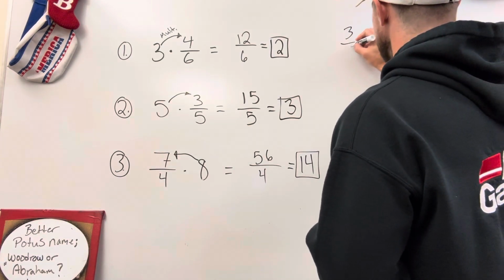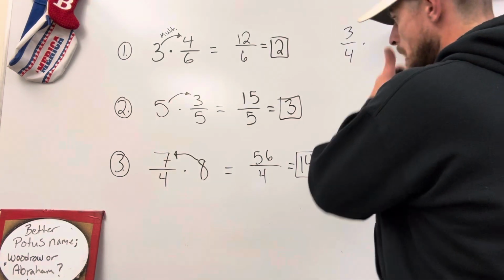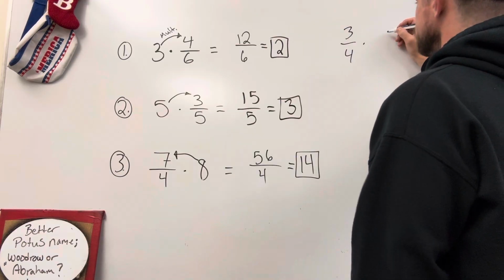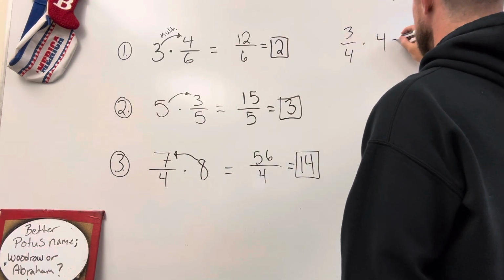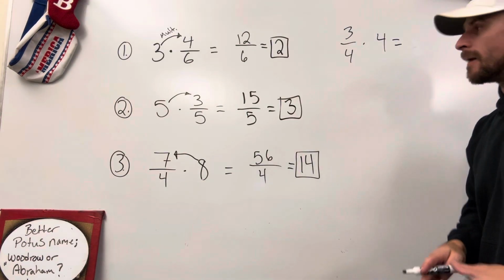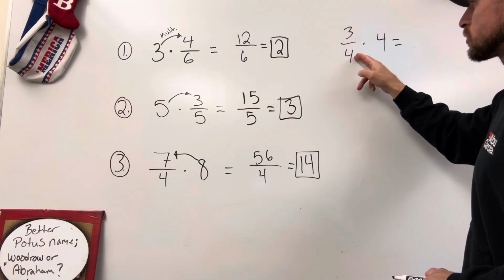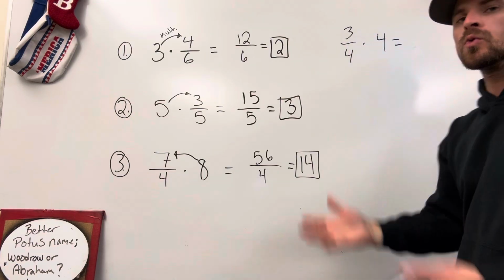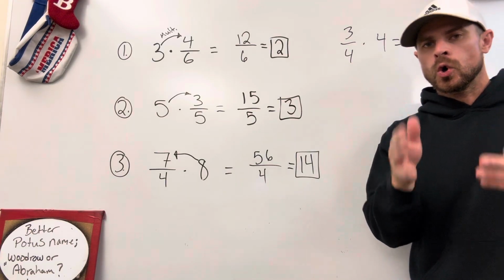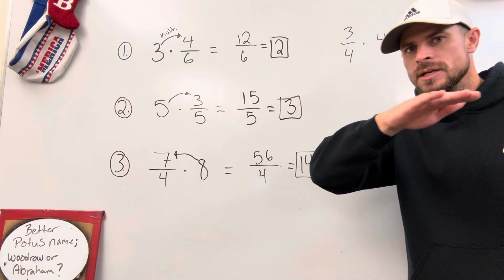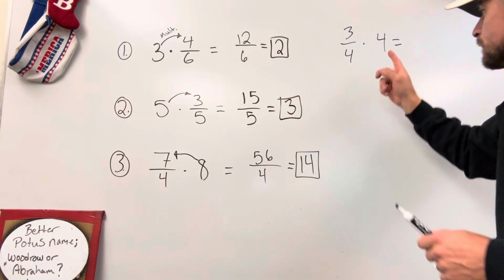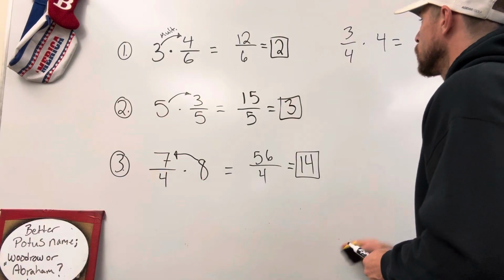3 fourths times, let's go with 4. Okay? If I'm working this problem out, 4 times 3 fourths, or 3 fourths times 4, however you want to look at that, the whole number is always going to be over 1. 4 can change to a whole number.